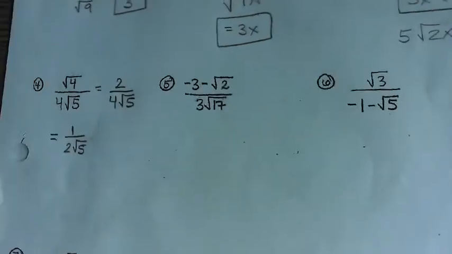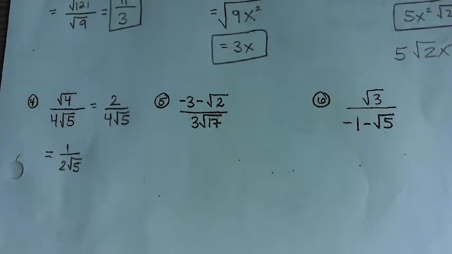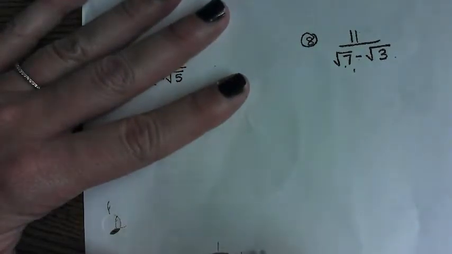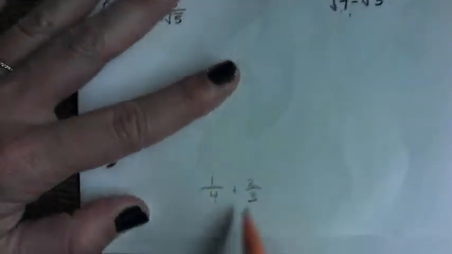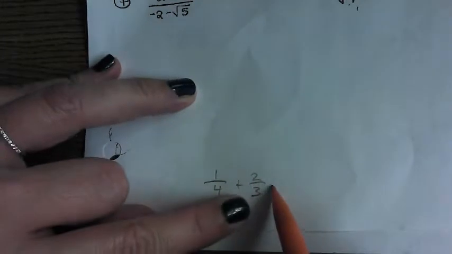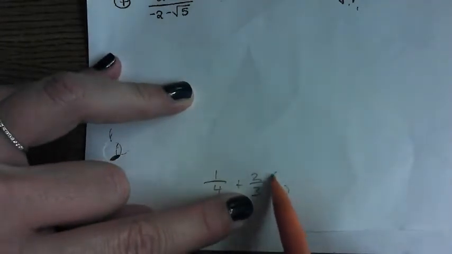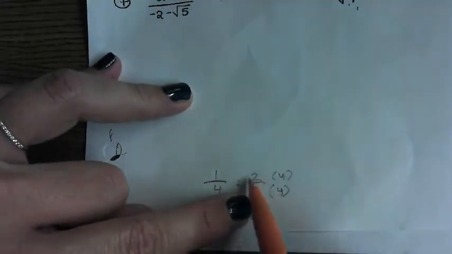Okay? So rationalizing is almost like how we creatively get a common denominator. When you're trying to get a common denominator, you are technically multiplying your fractions by 1, correct? Let me just take a quick little example. 1/4 plus 2/3. Aren't you going to make them both 12? So you creatively multiply by 4 over 4 on this one?